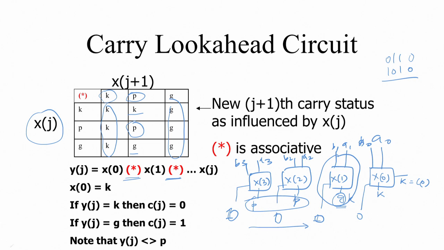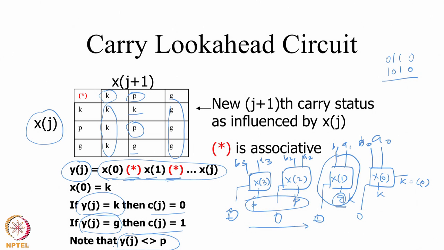So for every stage j I compute yj equal to x0 operator x1 operator x2 till xj, right. If I do this operation and I get yj equal to k, then I know that the carry for my stage is 0. If I get yj equal to g, then my carry is going to be 1. And note that your yj after this computation will never be propagate.